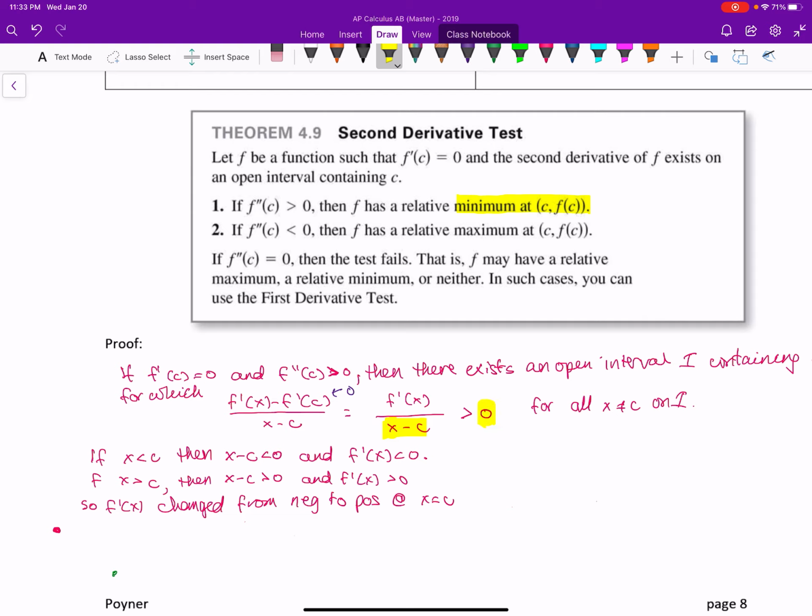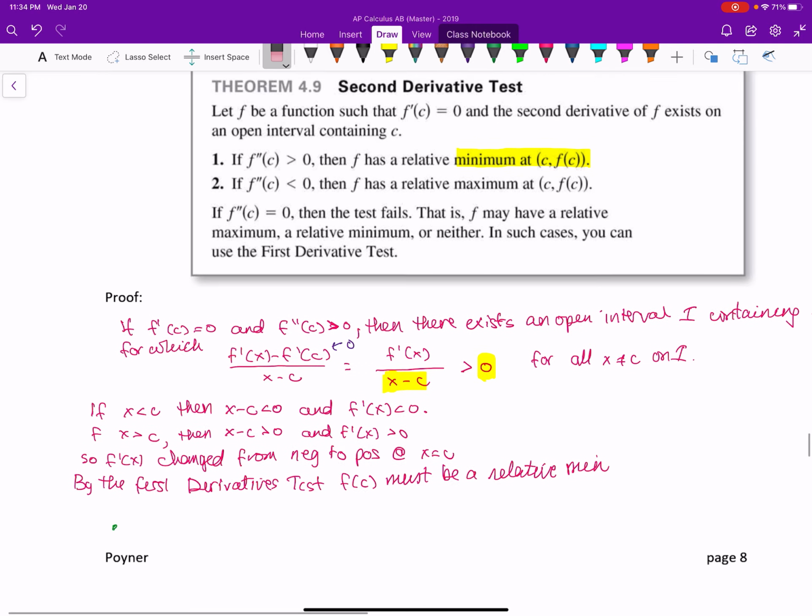So f prime of x changed from negative to positive at x equals c. And because the function is differentiable everywhere, that must have been a relative minimum there. So by the first derivative test, f of c must have been a relative minimum.